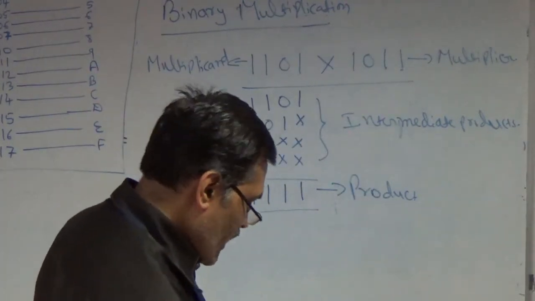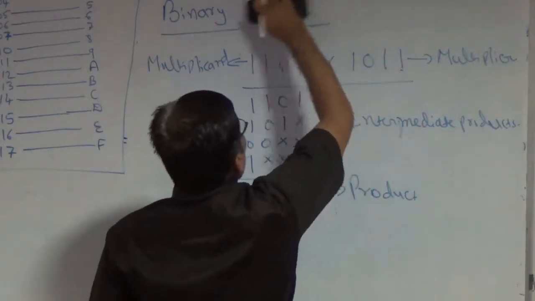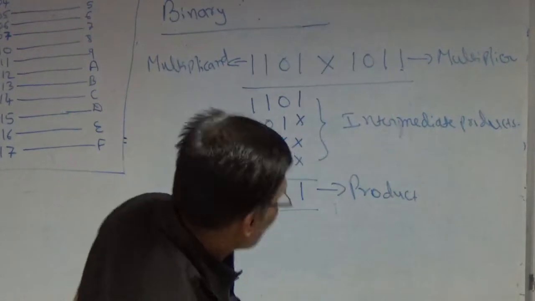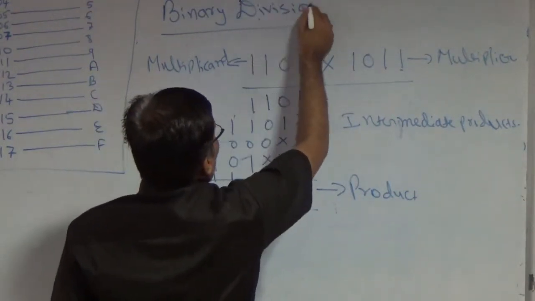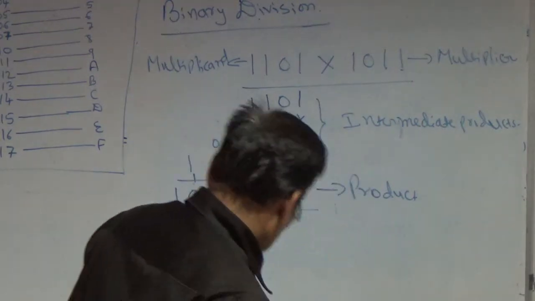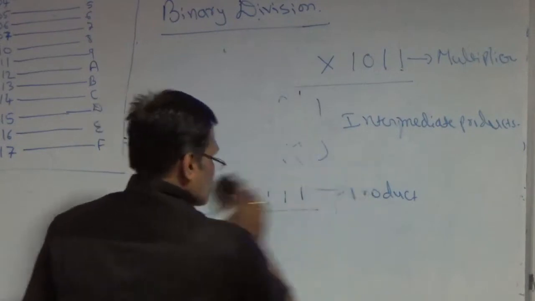So quickly let us see binary division, the last binary arithmetic operation. This is also very simple, as far as our decimal division is concerned.